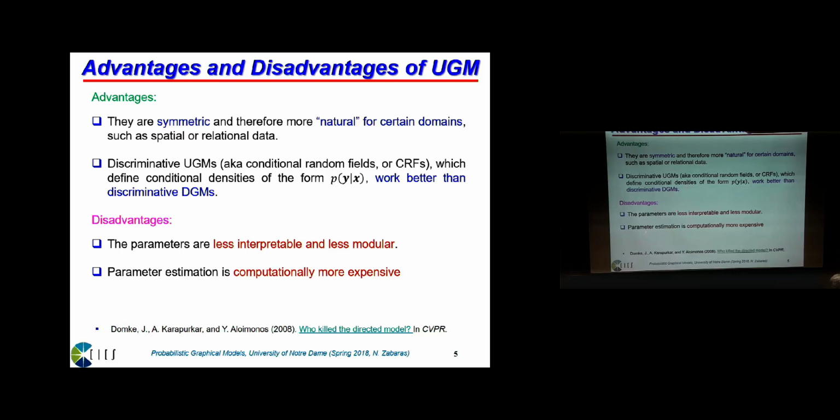However, there are disadvantages, and we will revisit this today. The parametrization of the joint probability distribution in terms of cliques has no physical meaning. They're not like probabilities, so you cannot interpret things as easily as you do with directed graphical models. The parameters involved in the cliques are very difficult to compute, so the algorithms are a little more complicated.